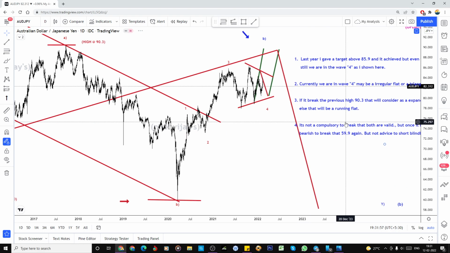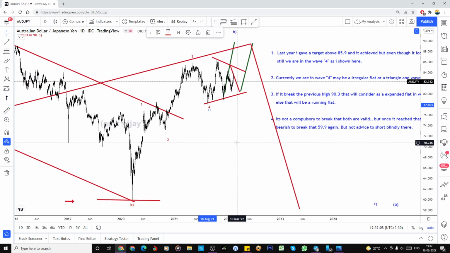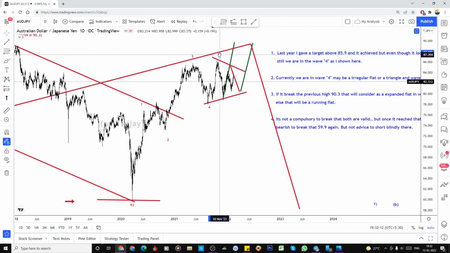Here there is a chance, because 1, 2, 3, and if it has already ended here, the Australian dollar and CAD are much weaker than all the currencies, so the B wave could already have ended, because it has already broken the previous high of the third wave.